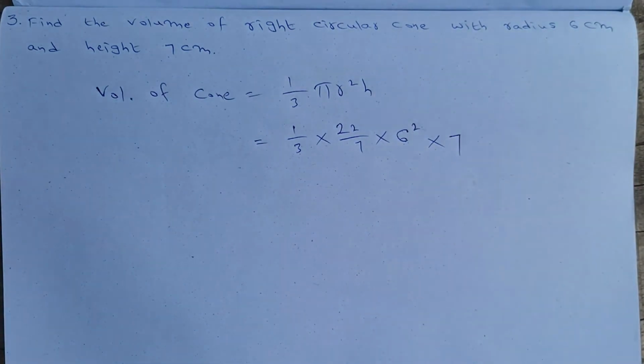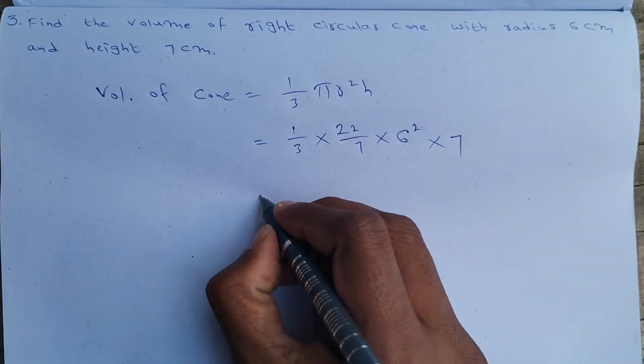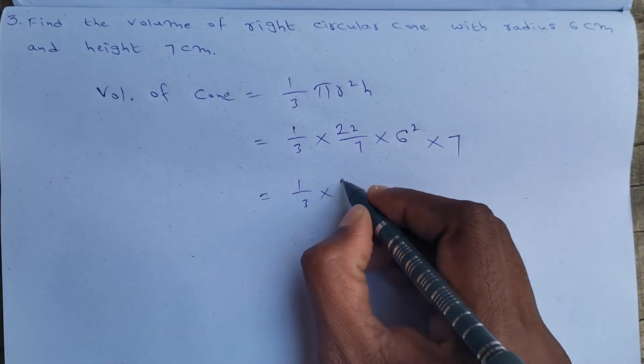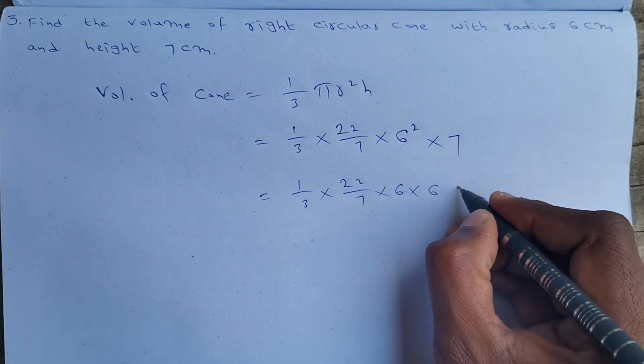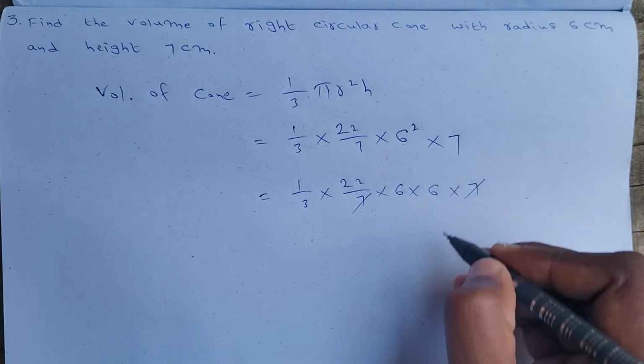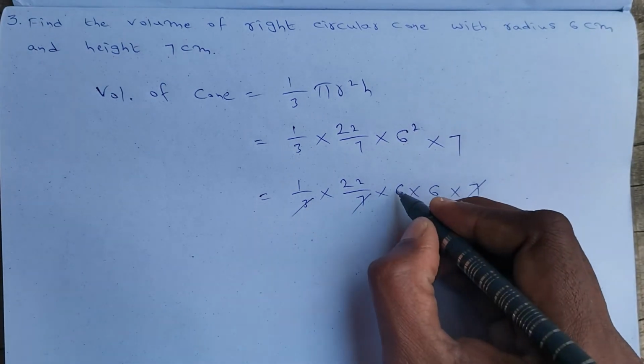So in this case we don't have any work with the slant height, that is L. So which is equals to 1 by 3 into 22 by 7 into 6 square, which is nothing but 6 into 6, into 7. Here 7 will get cancelled. 3 ones are 3, 3 twos are 6.